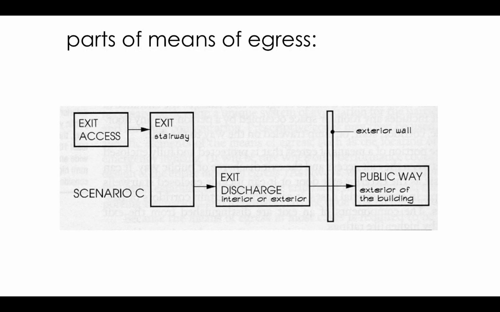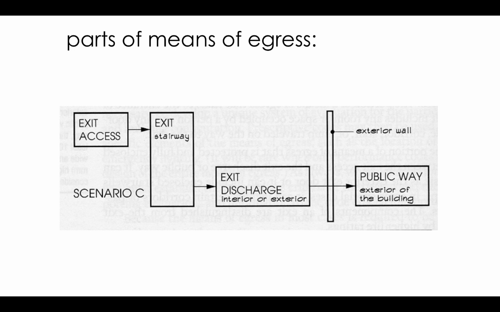So, I'd like to just remind you all of some of the basic pieces of the means of egress. I know these are terms you hear, but it's easy to forget. The exit access is like a corridor. Now, in our case, we aren't going to have separated corridors. It's not required for our type of project.